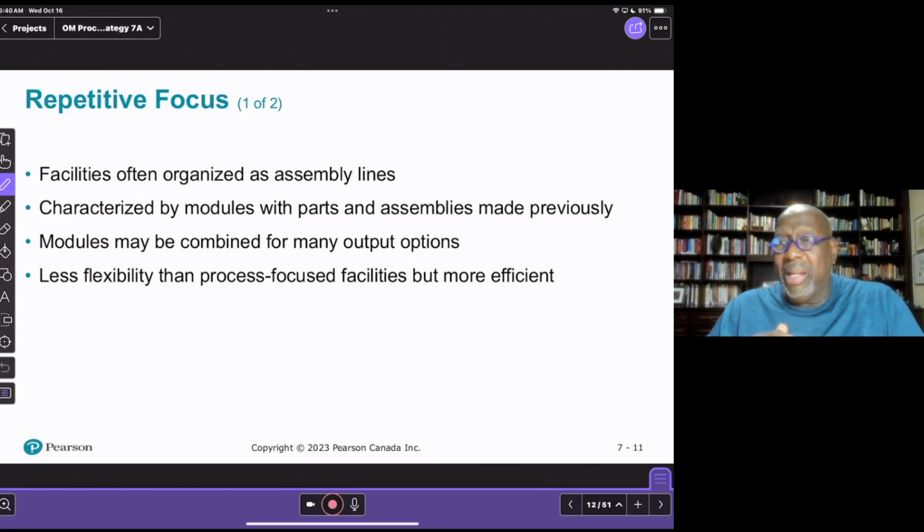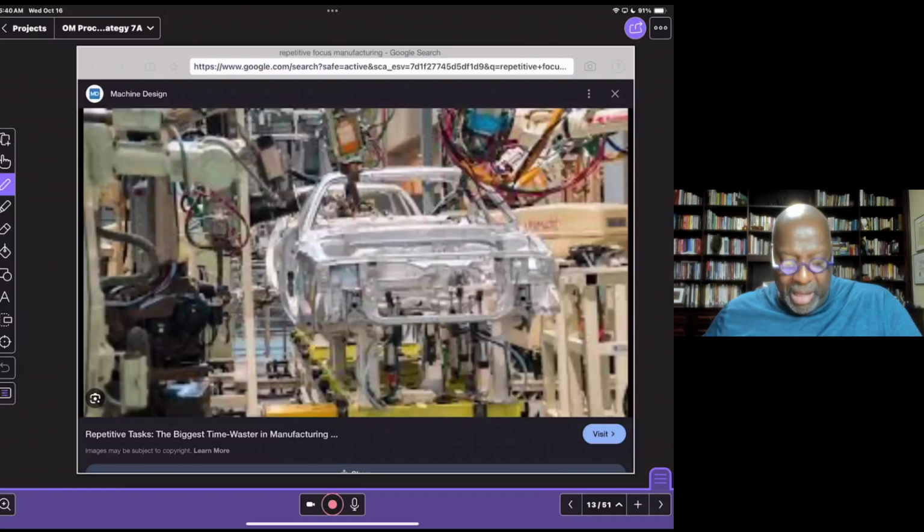So you're not going to get that kind of speed of a product-oriented focus, but it is repetitive in the sense that we will repeat that for the different types of cars. A car could be a hatchback, a station wagon, a sedan, or an SUV. And so there's similar aspects to the process.